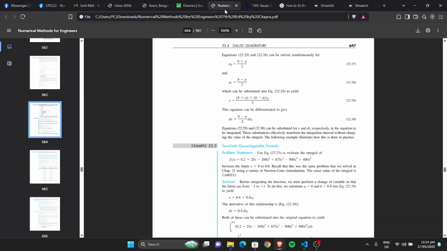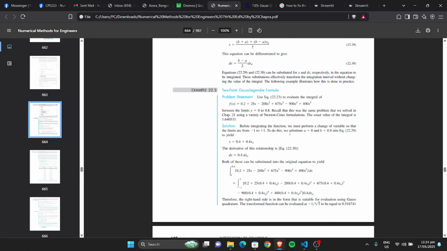So let's try to find a problem here in the book using this 2-point Gauss-Legendre. We have here an example of 0.2 plus 25x plus 200x squared plus 675x cubed minus 900x to the power 4 plus 400x to the power 5.